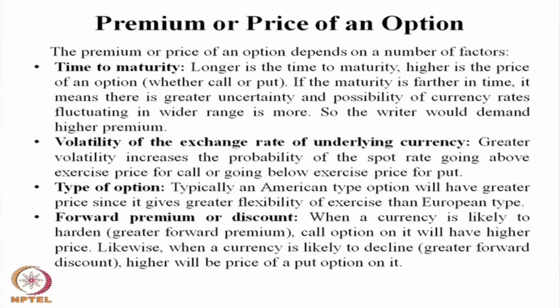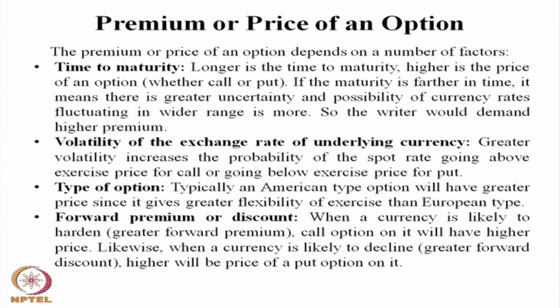Then whether that asset is at a forward premium or discount, because it depends upon the interest rate differential. In the case of currency, a discount or premium currency is also a determinant for the premium calculation.